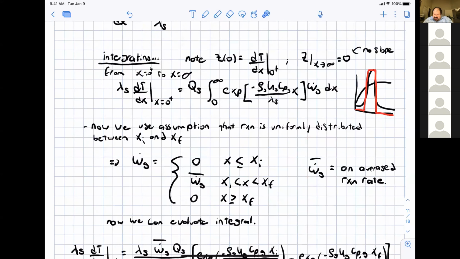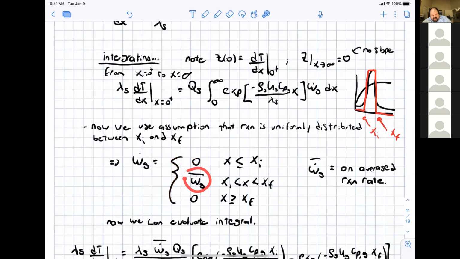But so now what this means is that we are going to make this approximation to the gas phase reaction rate as a function of distance. Our functional form for that is basically this here. It's 0 if it is less than x sub i. This here is xi, and this here is xf.